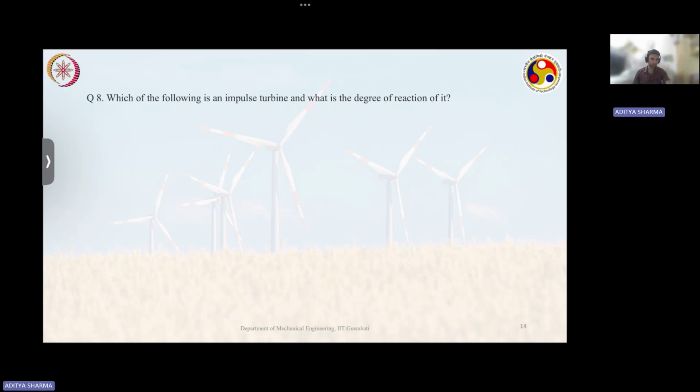Then the next question is, which of the following is an impulse turbine and what is the degree of reaction of it? You have to find the impulse turbine and degree of reaction. We know the degree of reaction of an impulse turbine is 0 because from pressure drop there is no energy transfer.